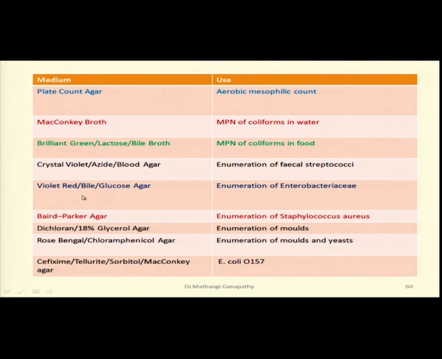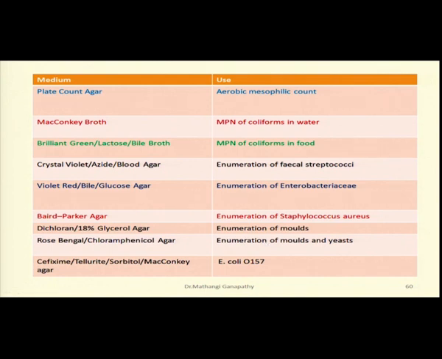Then the violet red bile glucose agar, where we look for the enumeration of Enterobacteriaceae, Baird-Parker for Staphylococcus aureus, then dichloran specifically for mold. Only mold, if present in the food, is going to grow; you are not going to see any bacterial growth there. Likewise, the rose bengal with chloramphenicol agar will allow only the growth of mold and yeast.